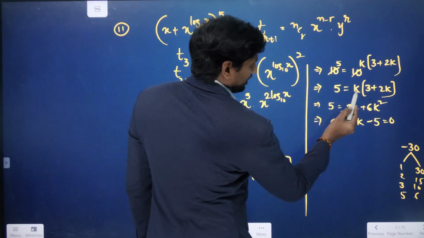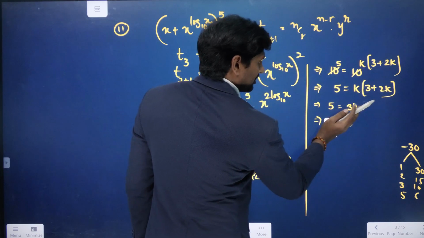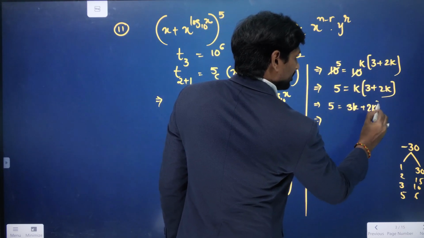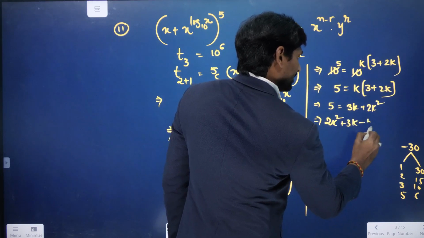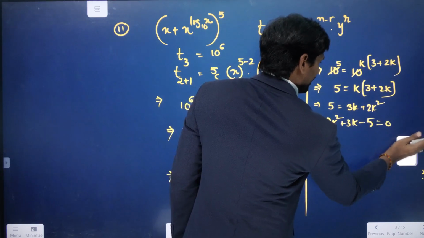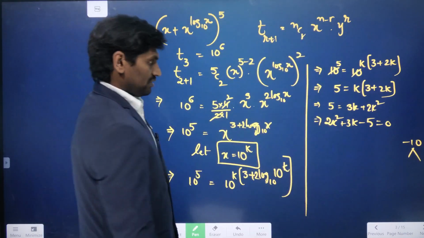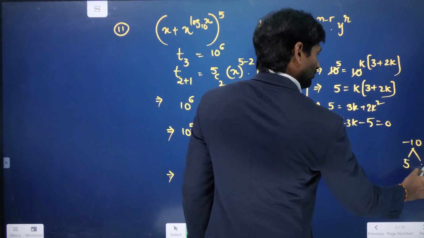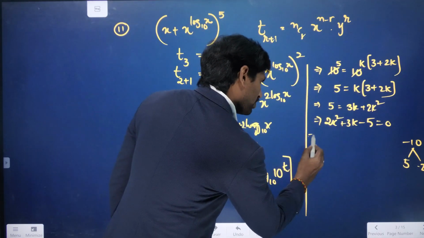One second here. K into k is 2k squared, it is not 6k squared, sorry guys. So it will be 2k squared plus 3k minus 5 equals 0. Then we should take the factors of minus 10: 5 into 2, and if you take minus 2 and plus 5, that gives 3. Yes, it is possible now.